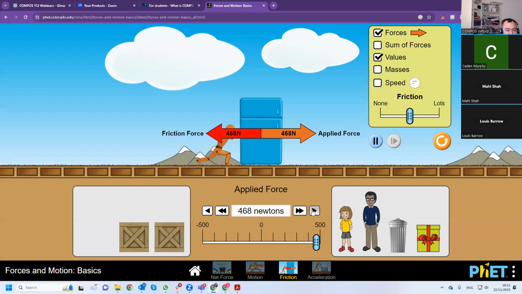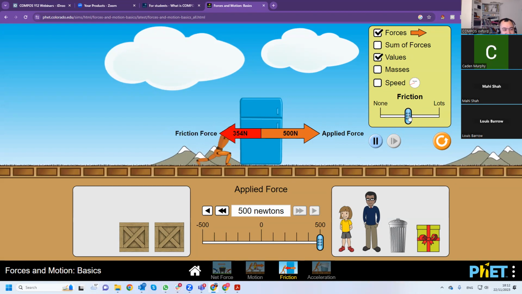It has to move at some point. The maximum force is 500. Okay, not enough force. So we have to reduce the friction. Okay, so let's reduce the friction.